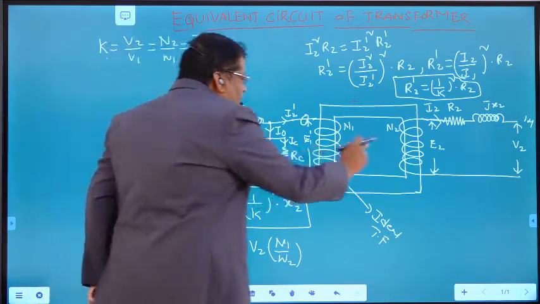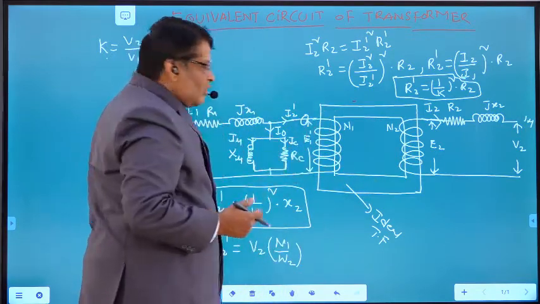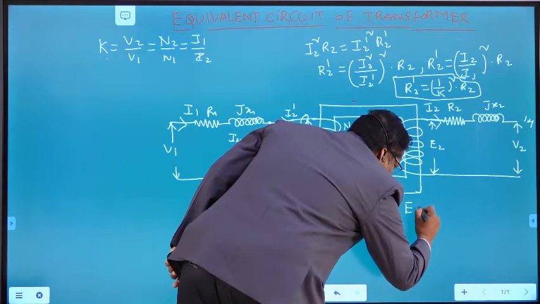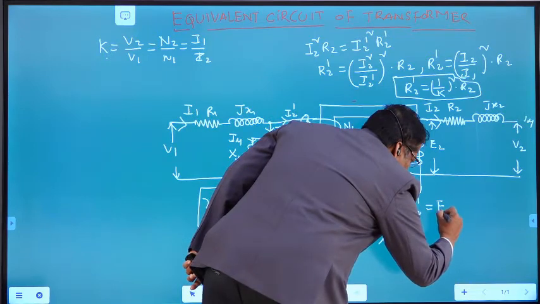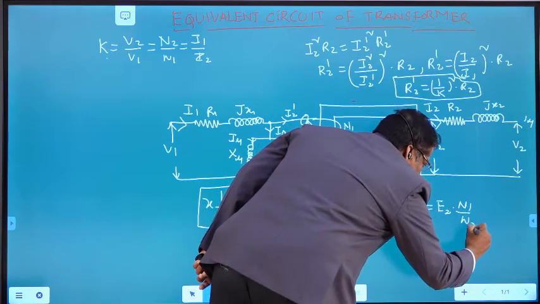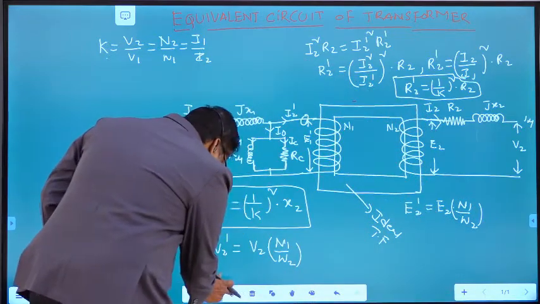Now one more parameter is there, E2. That is also a voltage. So E2 dash equal to E2 into N1 by N2.